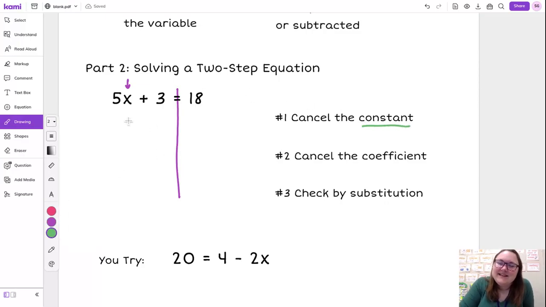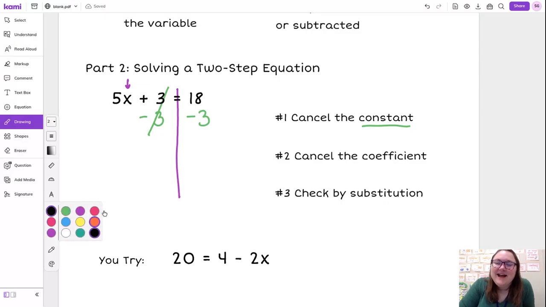And so that is that number plus 3. Using what we learned last week, in order to solve an equation, I always want to do the opposite. The opposite of plus 3 is minus 3. And just like last week, I'm going to write it on both sides of my equation. When I do that, 3 minus 3 is 0, is nothing, so we can say those cancel.